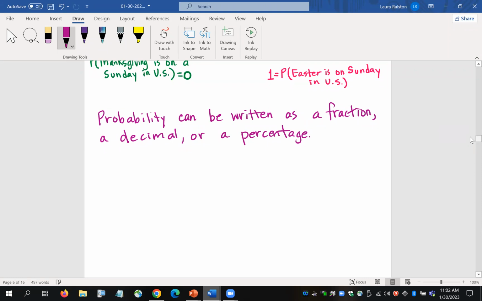And you may say, well, Ms. Ralston, is one way better than another? And I would tell you not necessarily.